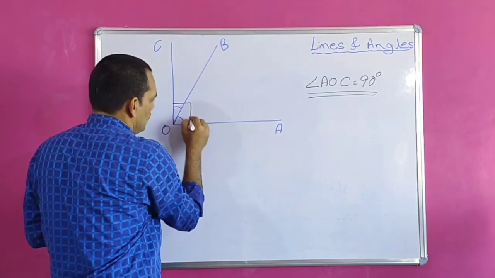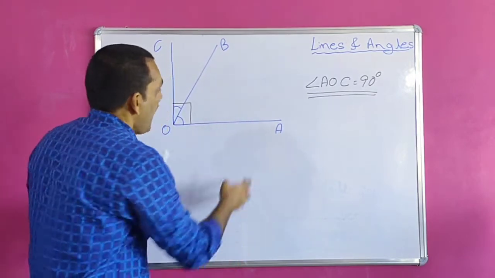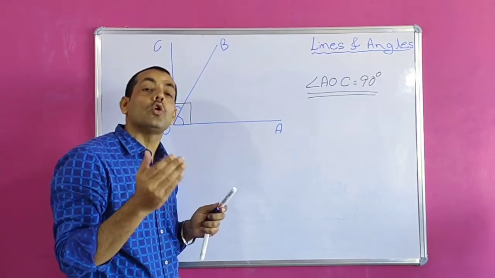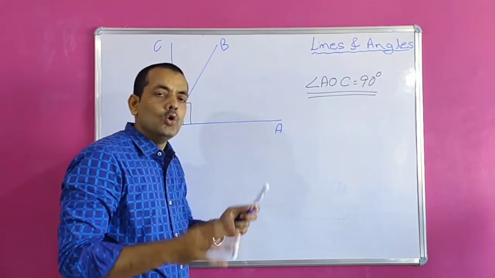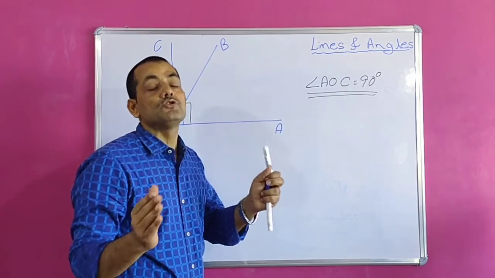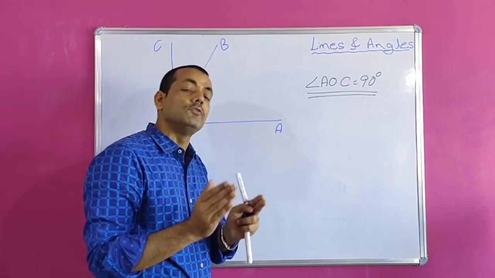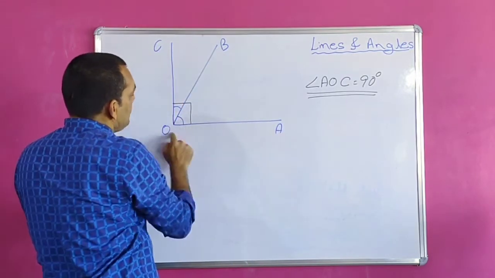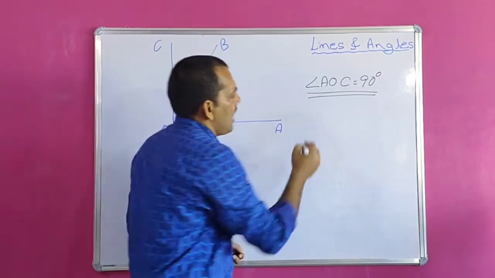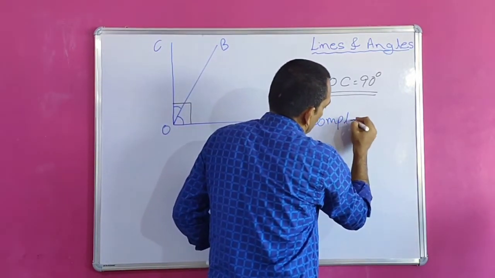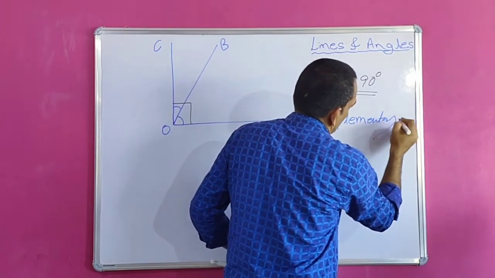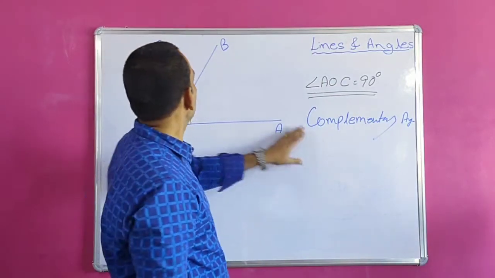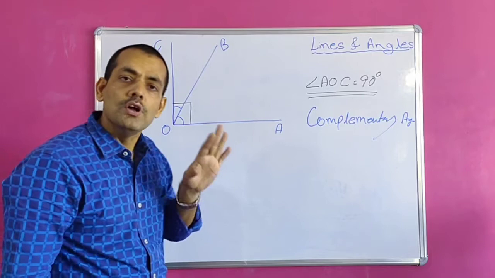Right angles are denoted like this. Then angles AOB and BOC are known as complementary angles. Two complementary angles are adjacent ones, and both of these add up to 90 degrees. So the complementary angle is two angles adding to 90 degrees.